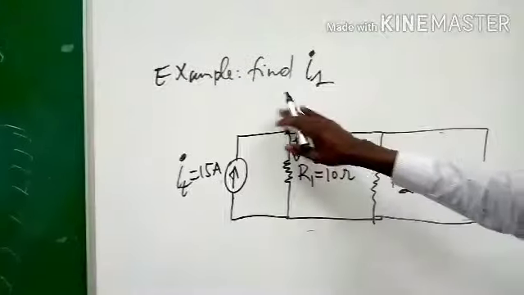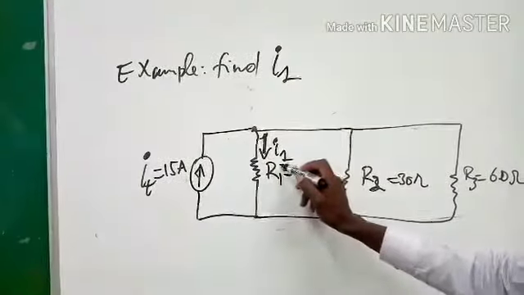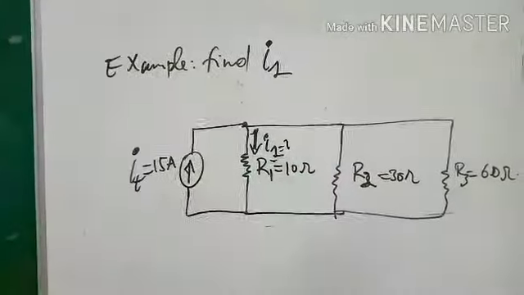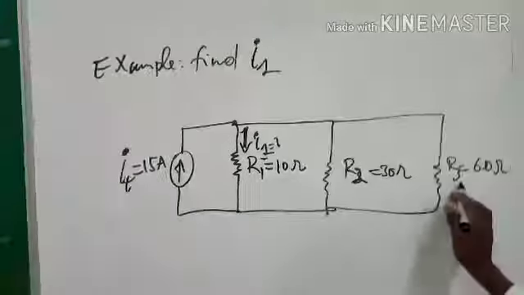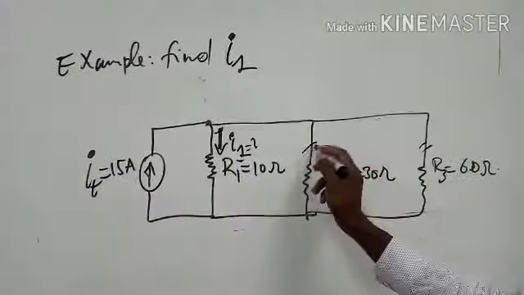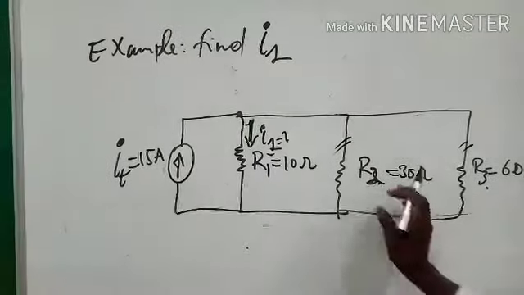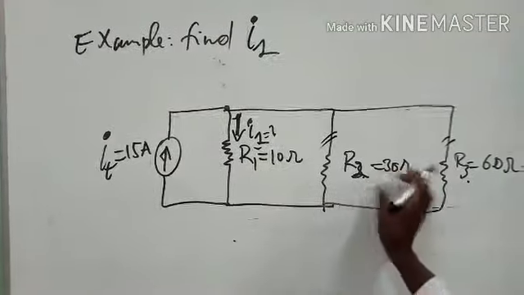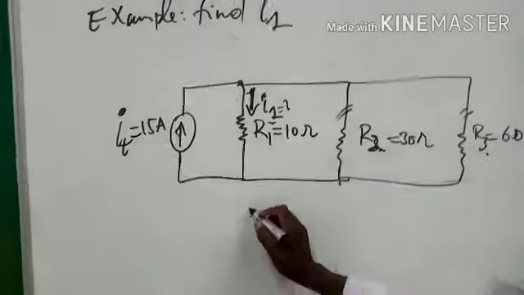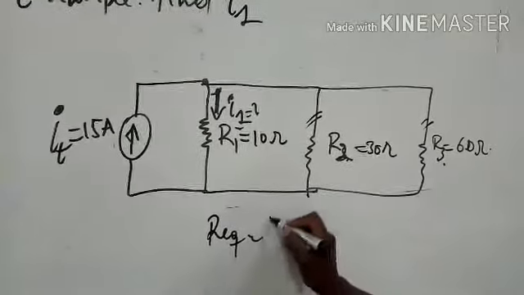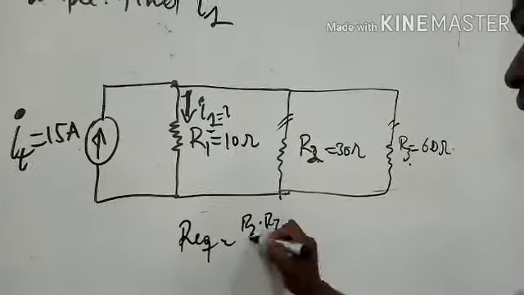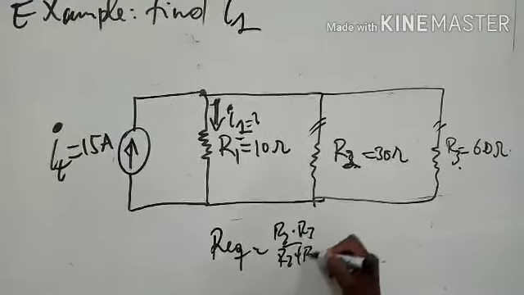For this example, we are asked to find this current 1. This is the question. So here we see in this circuit that resistor 3 and resistor 2 are in parallel. And then we just have to find the R equivalent for this side. R equivalent will be equal to R2 times R3 over R2 plus R3.